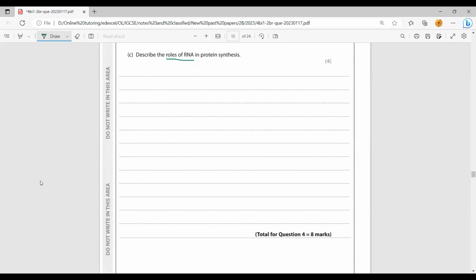And then once it moves out of the nucleus, it binds with the ribosome, producing tRNA. No, the tRNA is not produced by the ribosome or by messenger RNA. It is also already present in the cytoplasm. Yeah, it brings a complementary base. What do you mean by this? I don't remember.